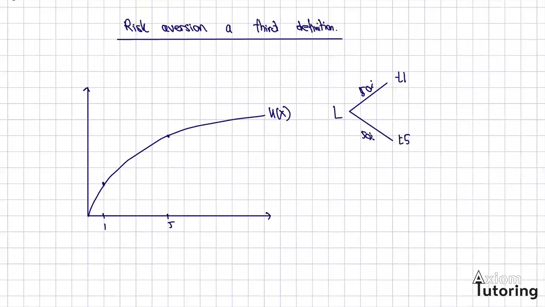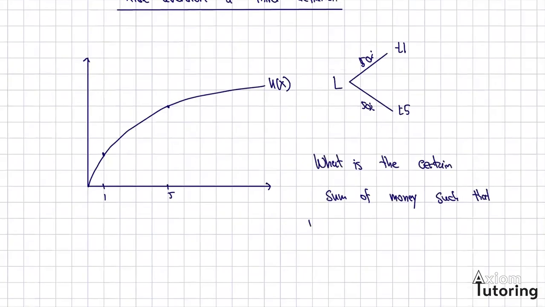Okay. Now the next question that I want to answer is, what is the certain sum of money such that the individual is indifferent between the sum, the certain sum, and the lottery.